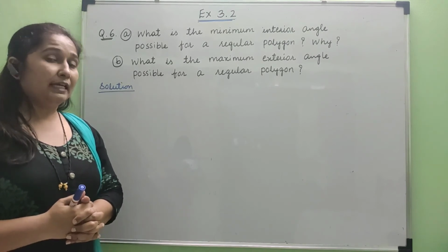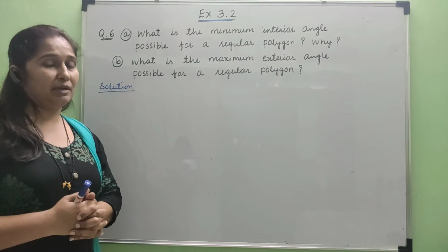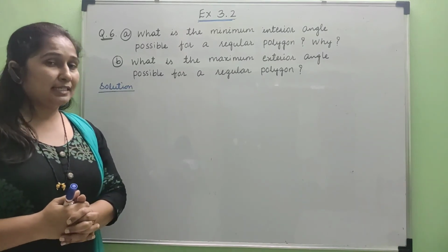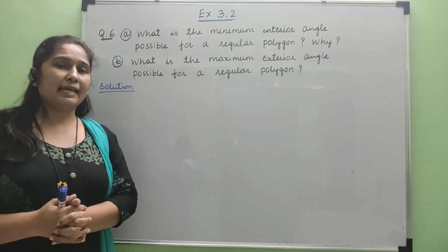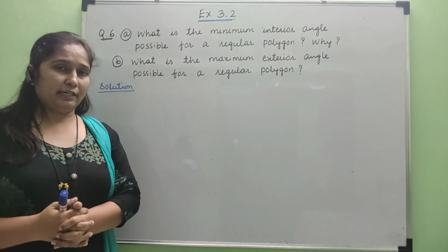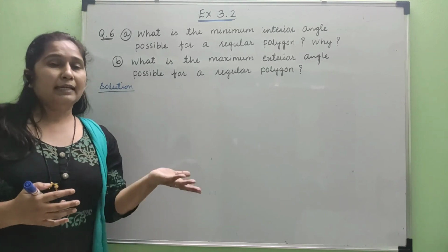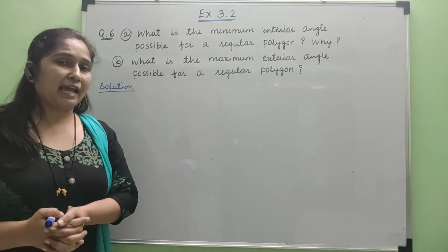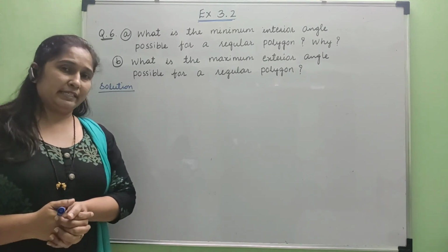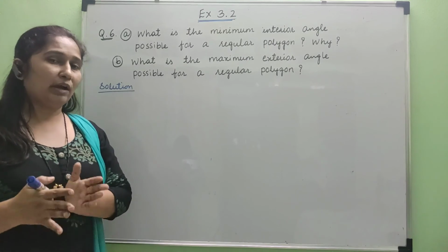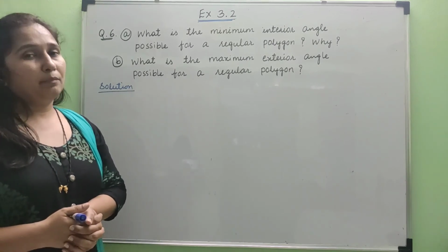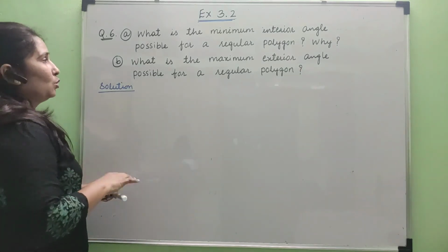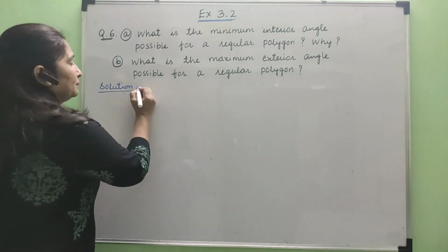Why? Because the sum of the interior angle and exterior angle is 180 degrees. So when the interior angle is 60 degrees, that is minimum, the exterior angle will be 180 minus 60, 120 degrees. So 120 degrees is the maximum exterior angle, right? So let's write this.